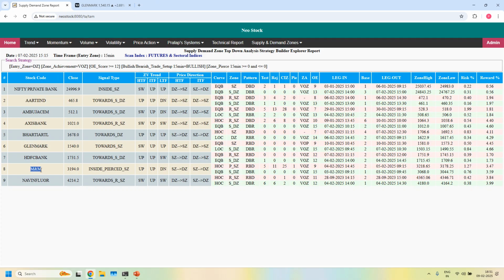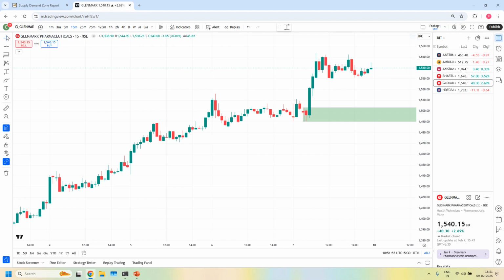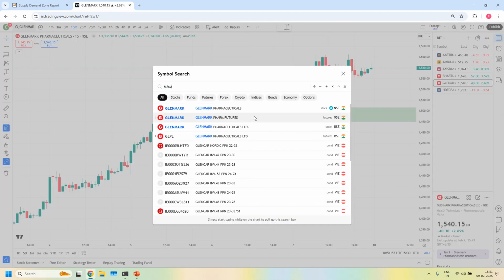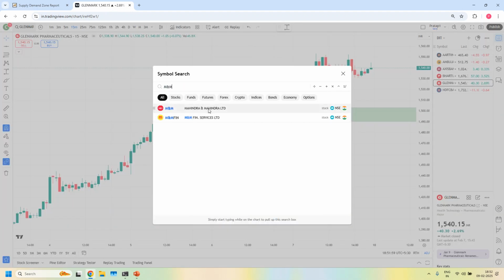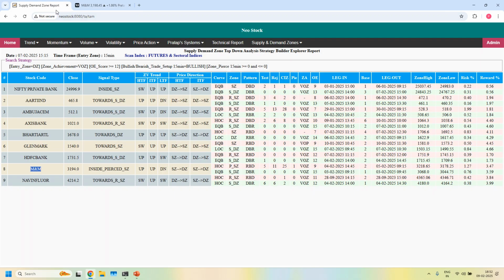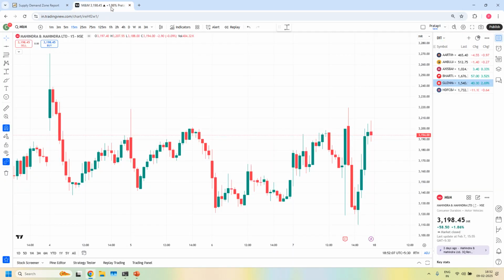Okay, next one is M&M, Mahindra and Mahindra. And when it was created, the zone 3rd February 9:15, one base candle.